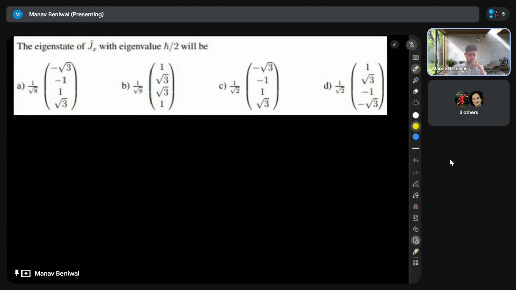Okay, so moving on. Here we are given that the eigenstate of Jx with eigenvalue h cut by 2 will be... So we are given the eigenvalue h cut by 2, and we are asked about the eigenstate of Jx.